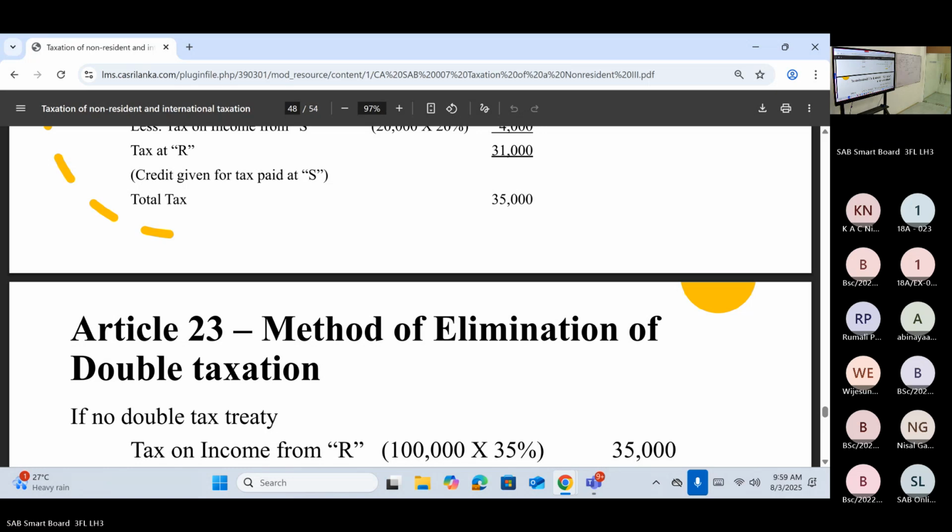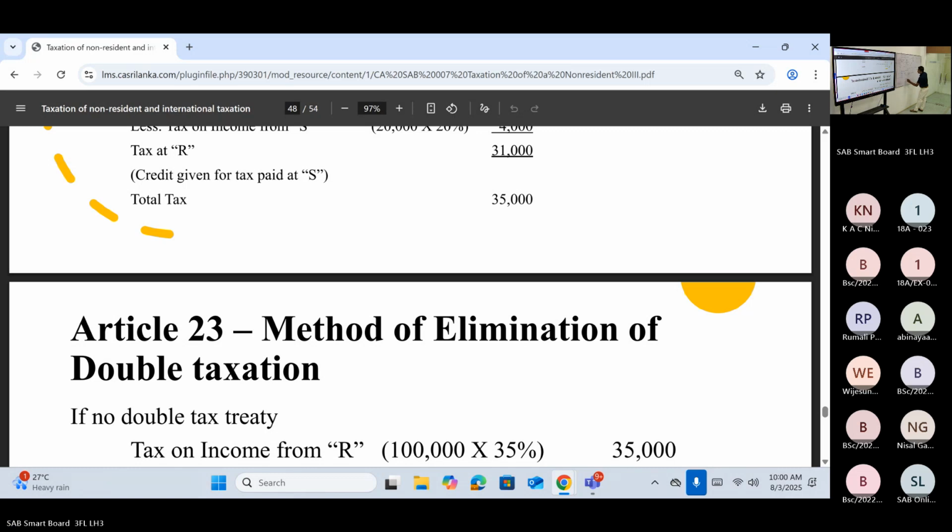If no DTA is available, how much is the total tax exposure? We are receiving 80,000. Country S is receiving 20,000. Altogether 100,000 at 35% is 35,000.